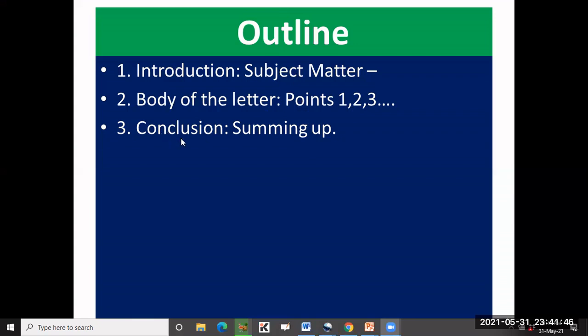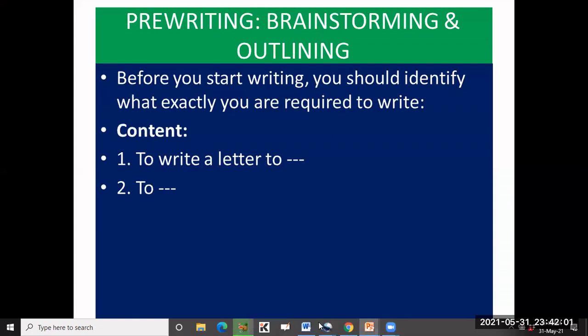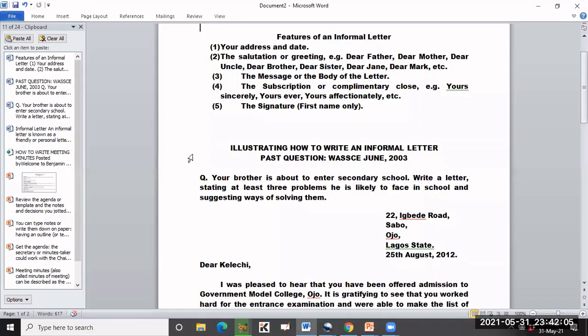Then the last is the conclusion, which is the last paragraph, where you sum up everything and bring your letter to a close. All right, so that's what we need to see. Let's now go to the sample of the letter.